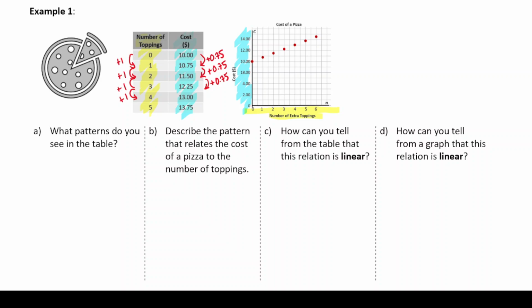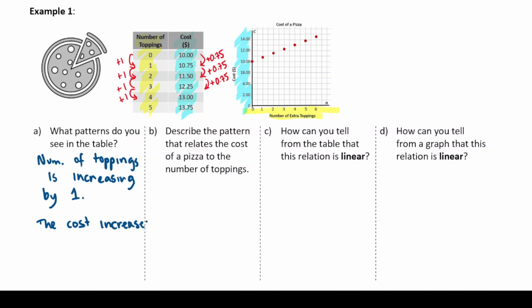Okay, so we can say here the x values, or the number of toppings, is increasing by 1. The cost increases by 75 cents.